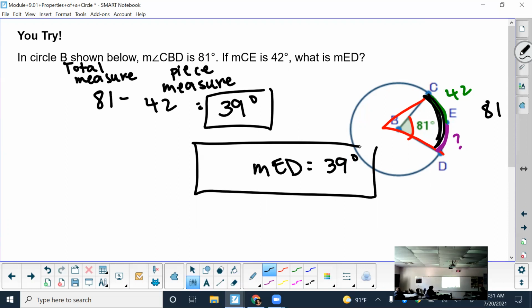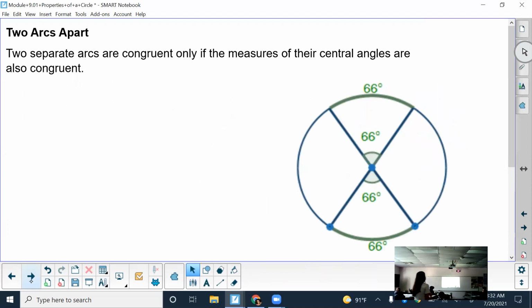All right, so really just making sure that we understand these postulates for when we get to a situation like that on the quiz. All right, so next page. We have, I don't know if this is a postulate or not, but two separate arcs are congruent only if the measures of their central angles are also congruent.